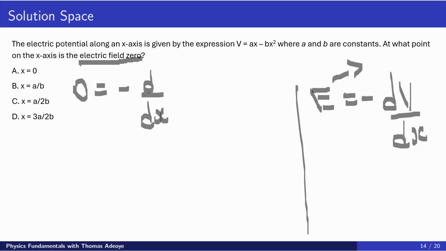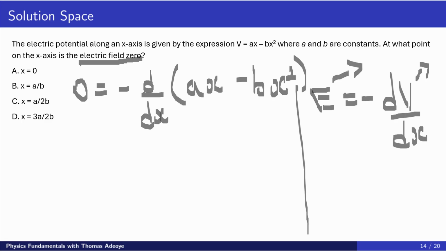For those of you who did further mathematics, or calculus, d dx means the derivative of V with respect to x, but V has been given in the equation as AX minus BX squared, so instead of writing V, I can put AX minus BX squared because this is our V.